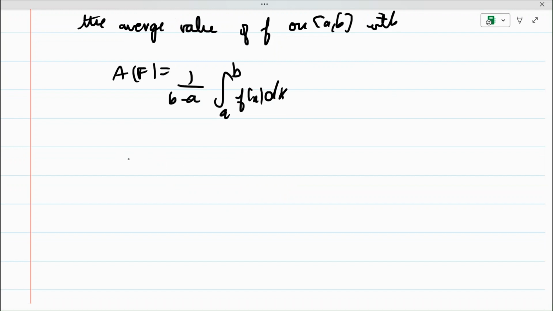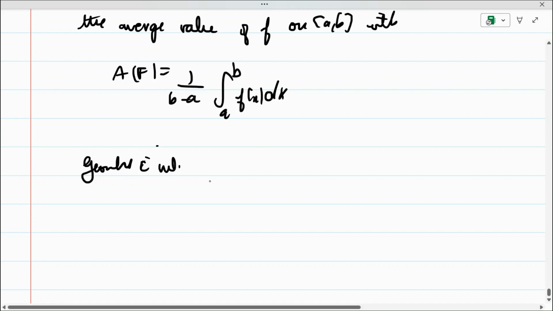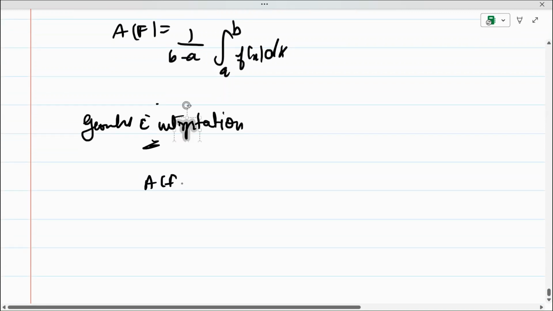And basically say we have a geometric representation, an interpretation. Here we have what's happening.